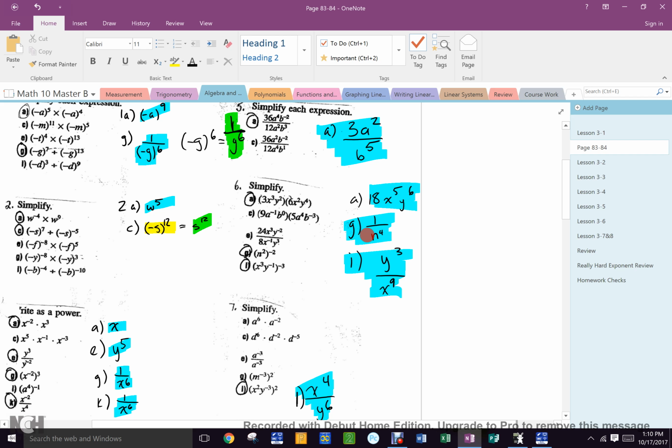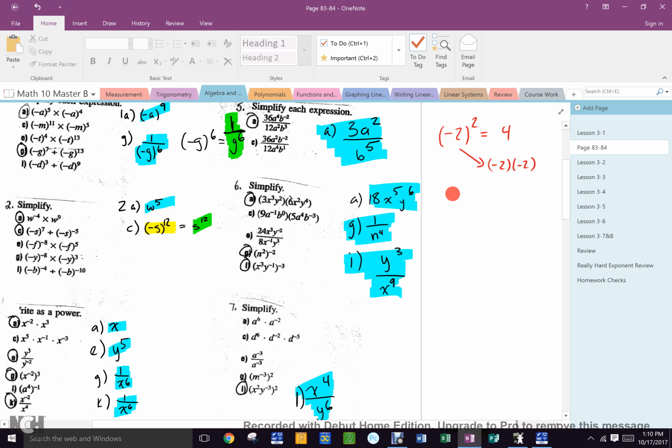If you feel you need to. If you don't understand this, you may want to look it over. Here is what is happening here. What is negative 2 squared? Positive 4, yes? Because that negative is part of the base, so this is really negative 2 times negative 2, correct?